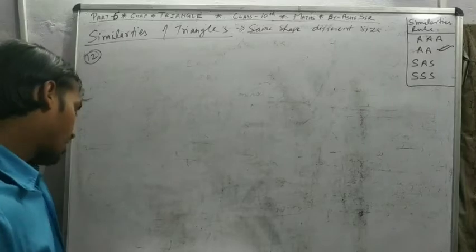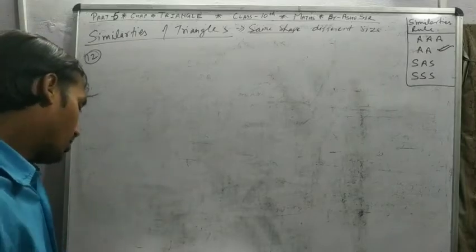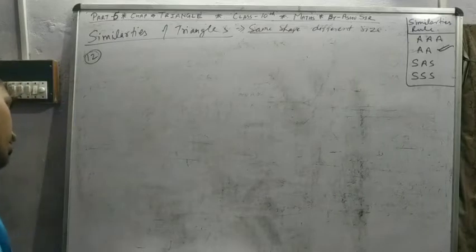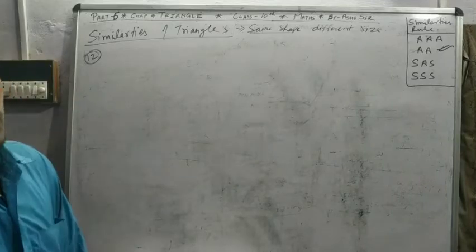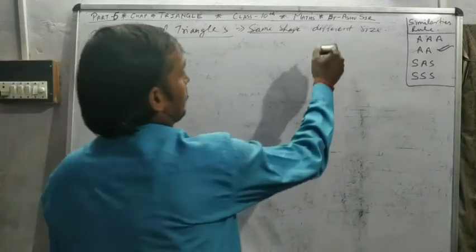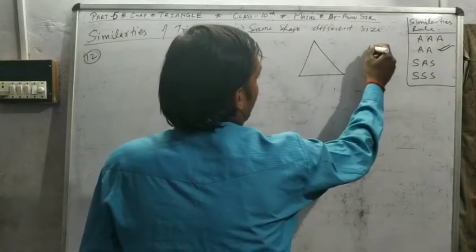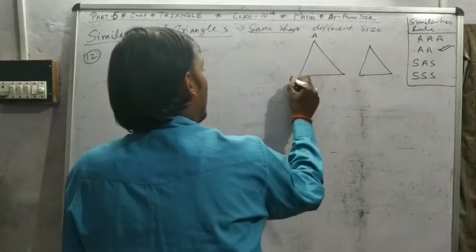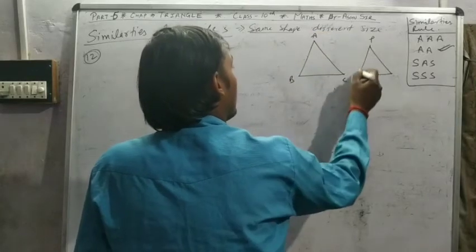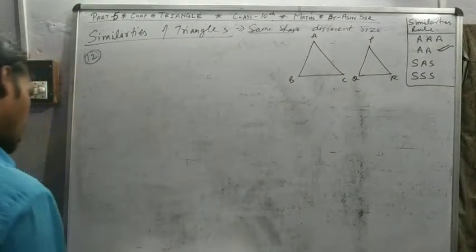Side AB, BC and median AD of triangle ABC are respectively proportional to side PQ and QR, and the median PM of triangle PQR, so that triangle ABC is similar to triangle PQR. ABC and PQR are two triangles, and what's the given?